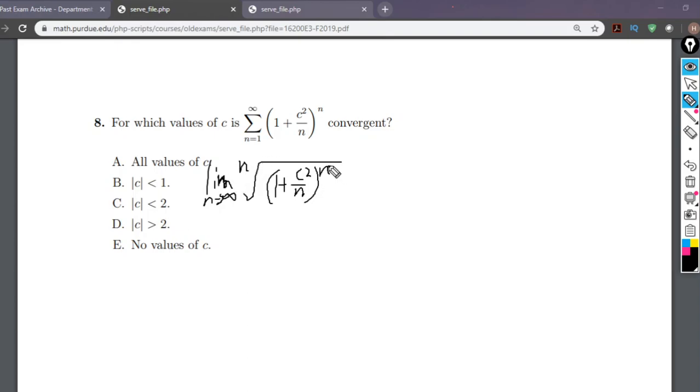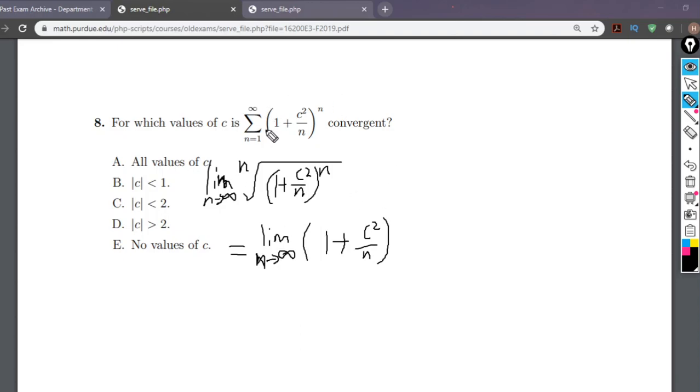The nth power and the nth root will cancel out. So then this limit will equal the limit of n approaching infinity of 1 plus c squared over n.